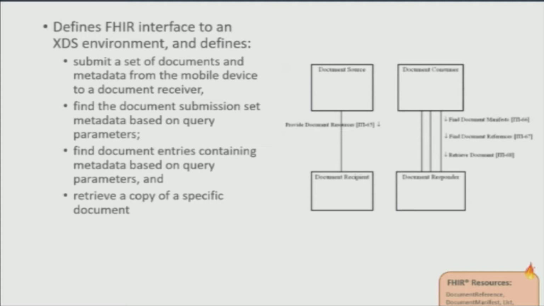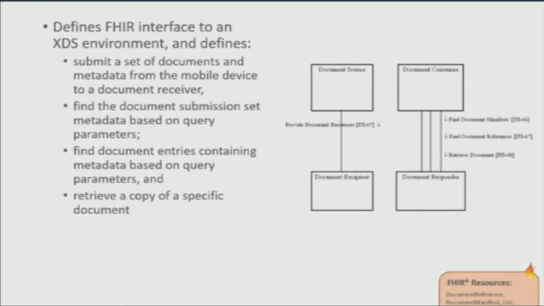So I guess I should go through a little bit of the details. The first side is a publication side. Document source needs to publish a document or two. It will create a bundle which has a document manifest in it, and publish that to, in this case, the document recipient. You'll see on the next page how some of those things interact with XDS.